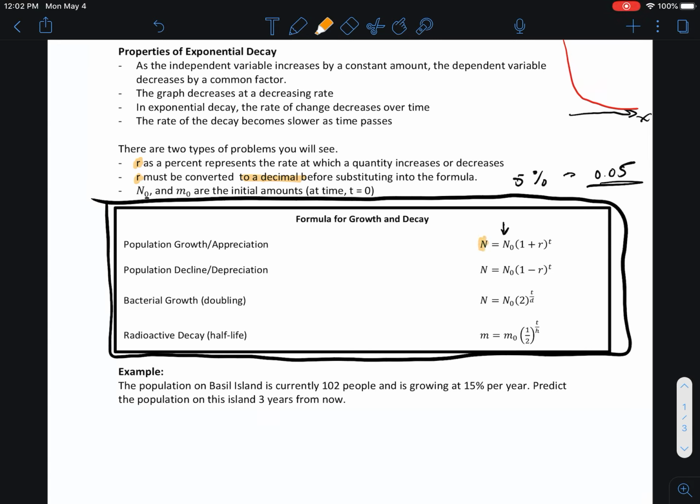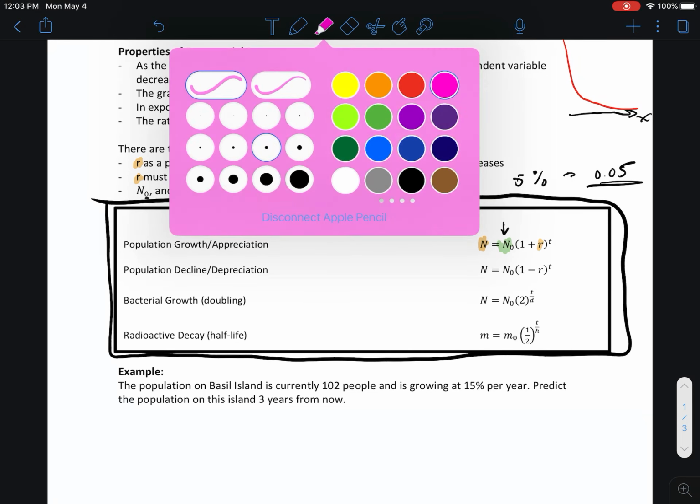So population growth, or appreciation with financials, is where you're going to have some starting amount. If I'm interested in some amount after some conditions, something's increasing by some rate, which we discussed up here. If something's going to increase by some R value, that's going to get plugged into the equation as a decimal, okay? And then you're also going to have some initial value.